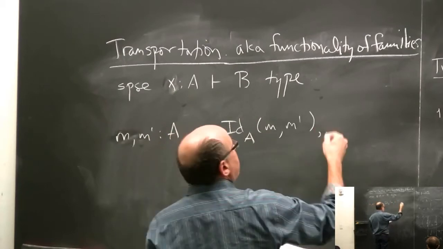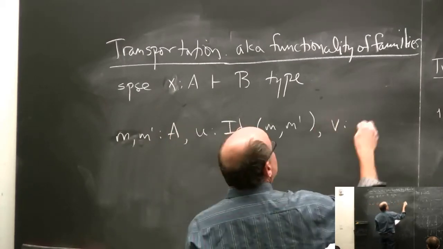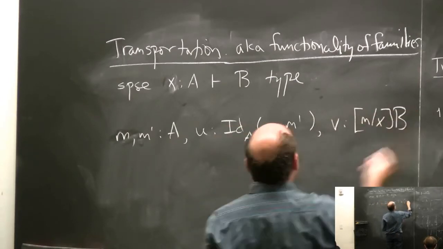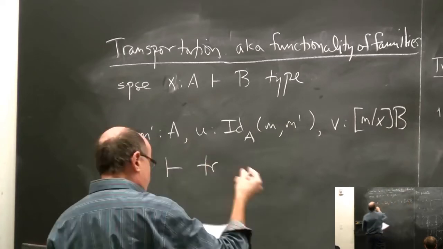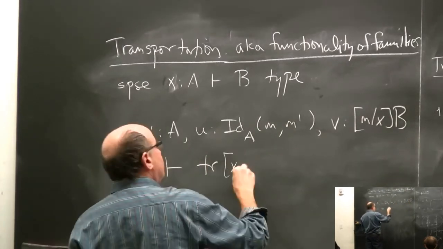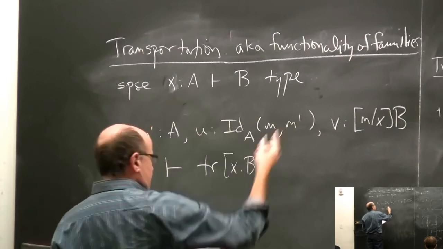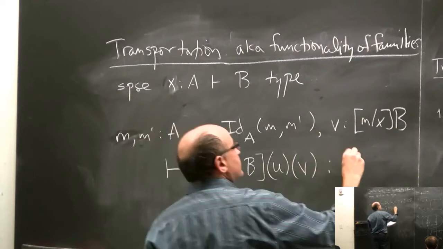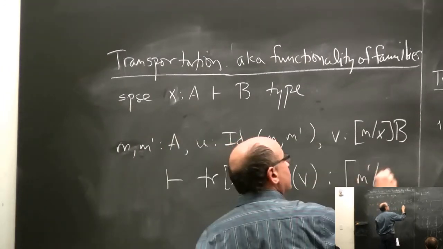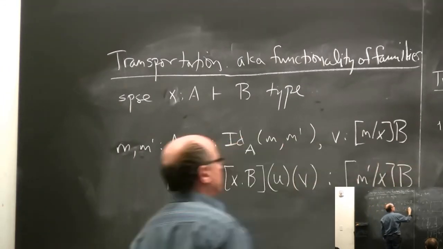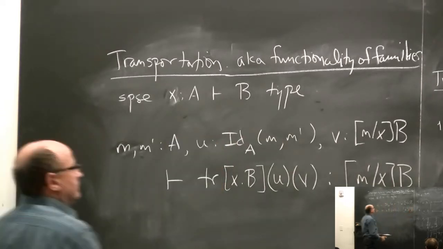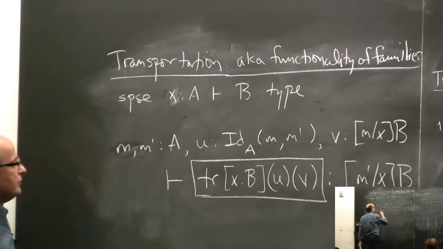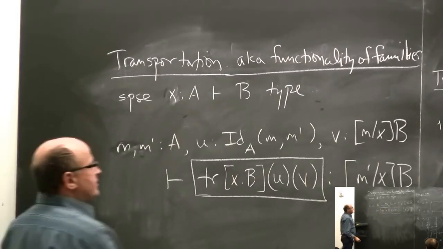And I have V, which is in M for xB. Then there's a map called transport, written like this, for the family x dot b that I'm dealing with here, taking U and V and giving me something in M prime for xB. I claim there exists such a thing, and I have to define that. That's what I want to do.